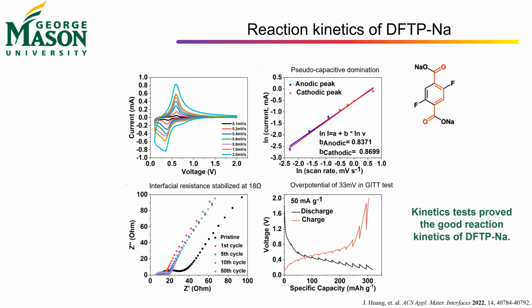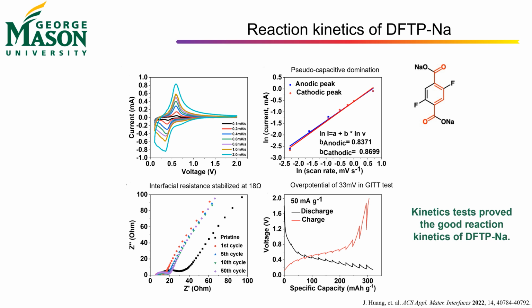The slope of these two curves is close to 1, which means the redox reaction of the DFTP sodium is dominated by pseudo-capacitive behavior.